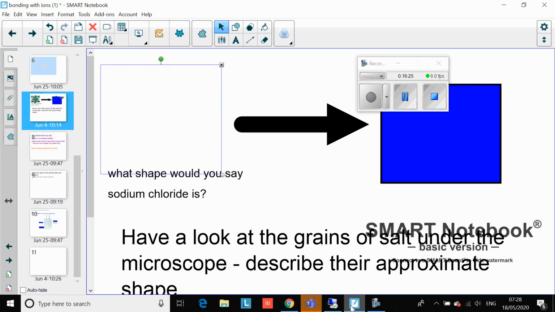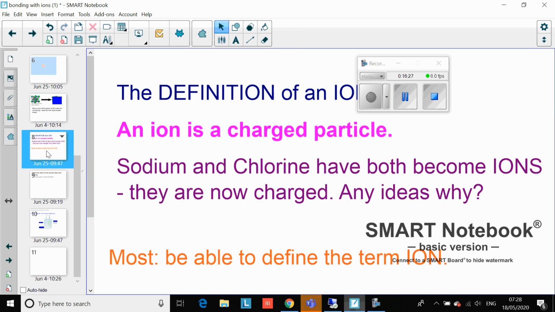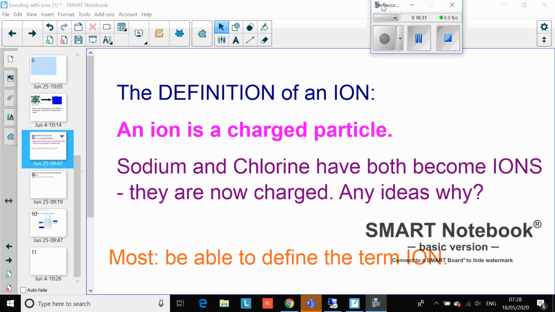Right, okay, so for the rest of the lesson, just to be really clear, what we are going to do is this. Firstly, make sure you've got the definition of an ion. So an ion is a charged particle. Now, I've used the example of sodium and chlorine, but there are other elements on the periodic table that can become ions.